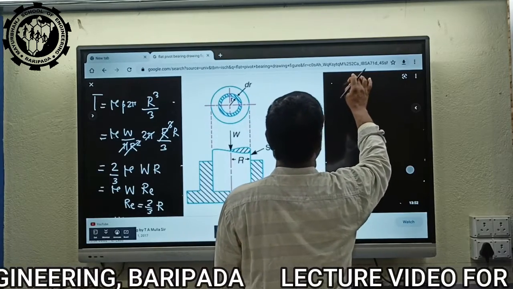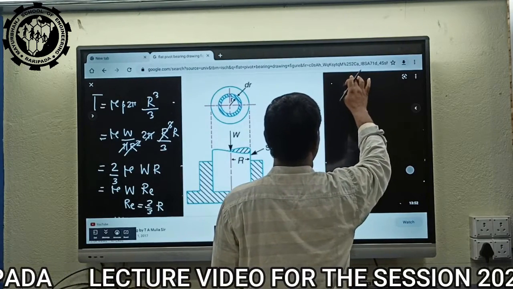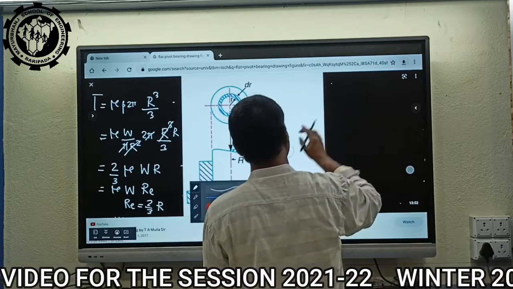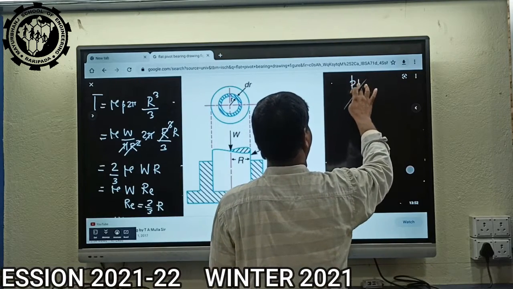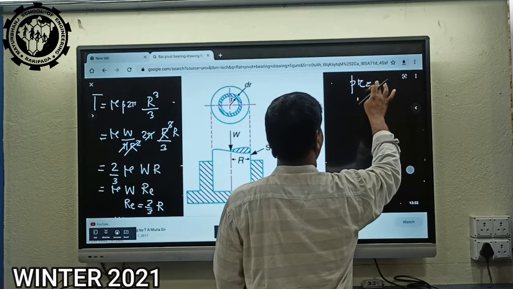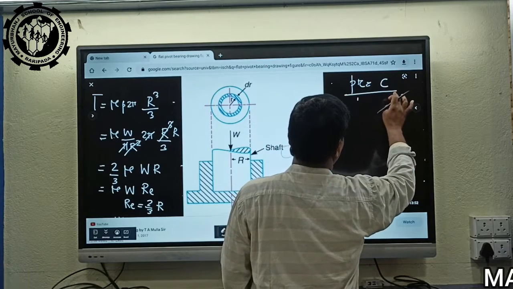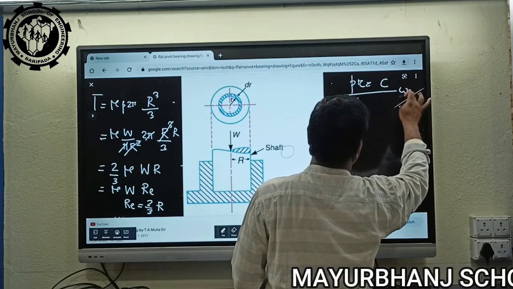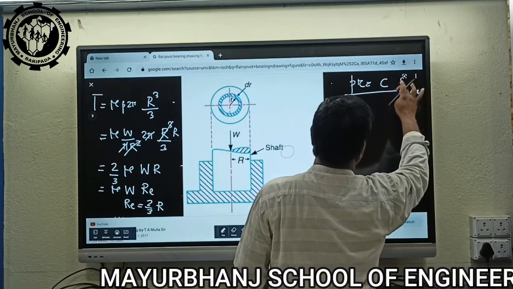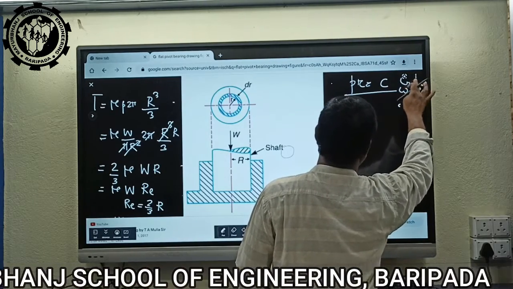Second condition is uniform wear, means PR is equal to C. Uniform wear, second condition.